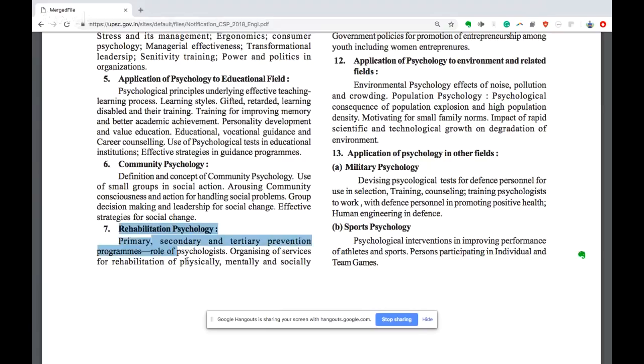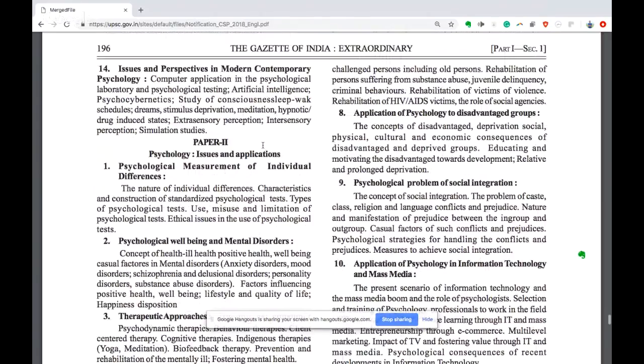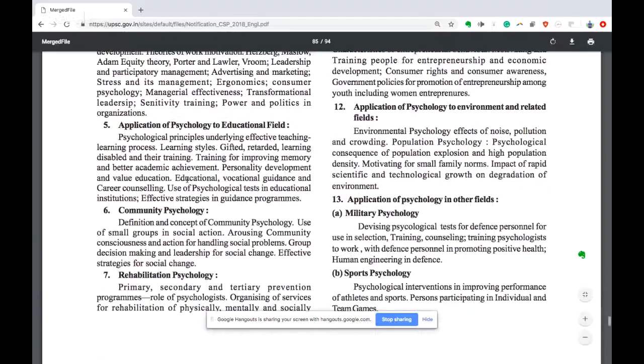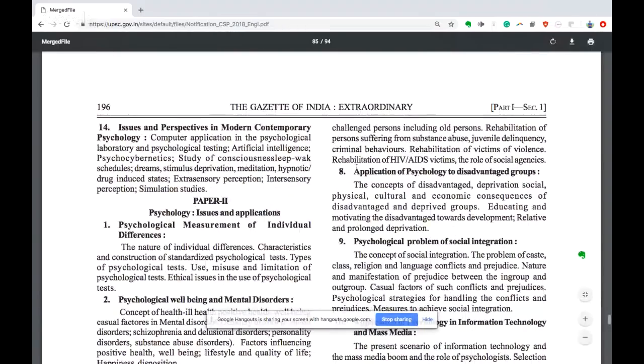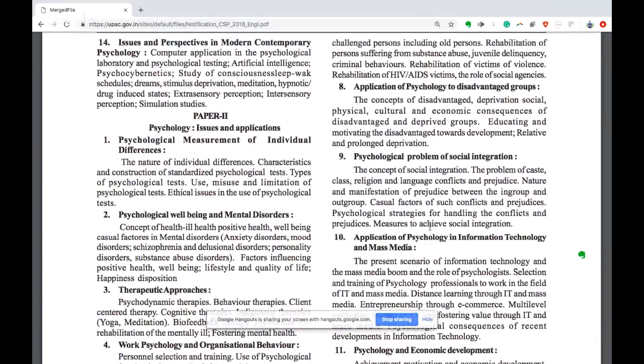Then rehabilitation psychology. That means once someone is cured of his mental illness, how do you make him come back to normal society? This is not very marks fetching, but sometimes they do ask questions from it. Then there is the application of psychology to disadvantaged groups. For example, somebody who's poor, somebody who's disabled, or even women in general.